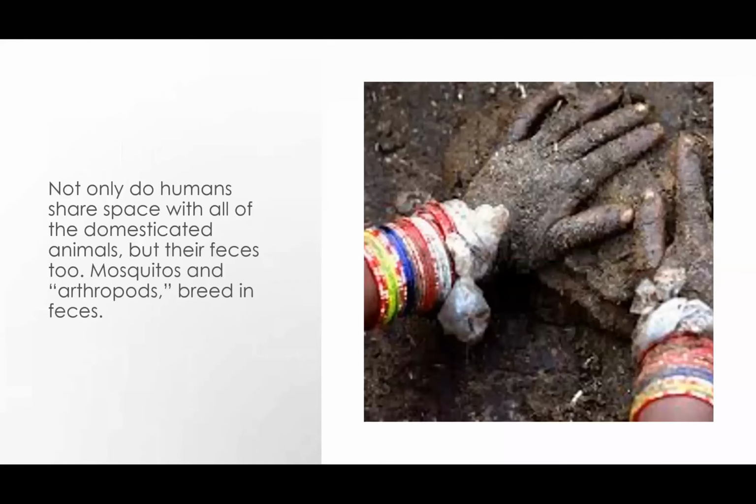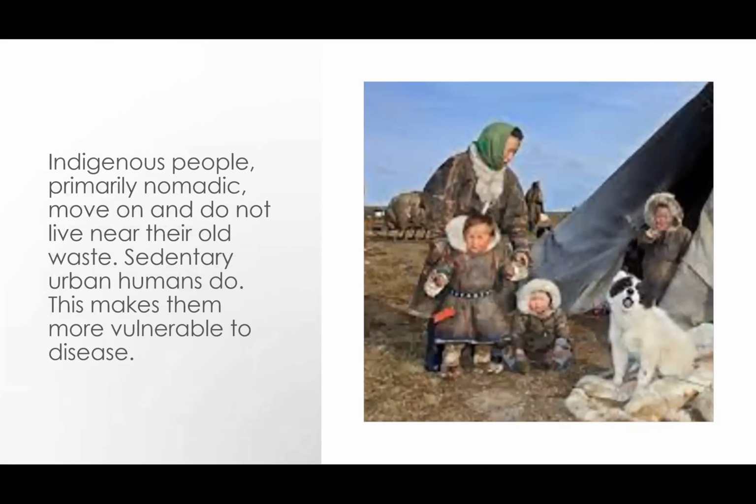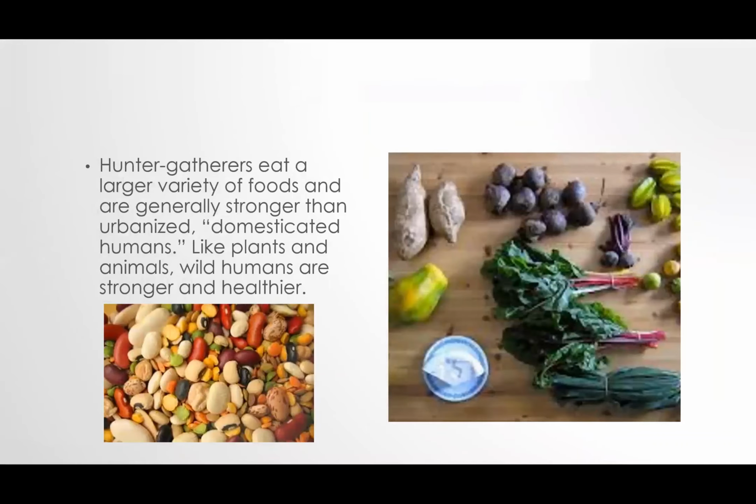Not only do humans share space with all of the domesticated animals, but their feces too. Mosquitoes and arthropods breed in feces. Indigenous people, primarily nomadic, move on and do not live near their old waste. Sedentary urban humans do. This makes them more vulnerable to disease. Hunter-gatherers eat a large variety of foods and are generally stronger than urbanized, domesticated humans.